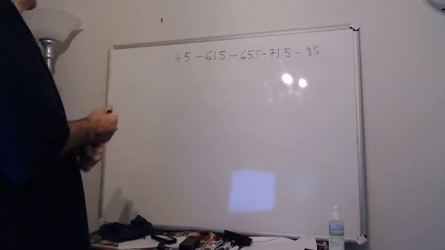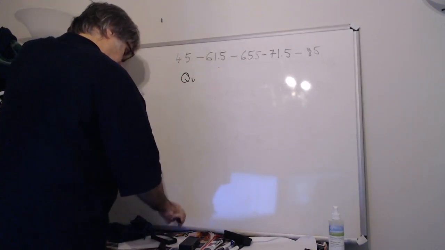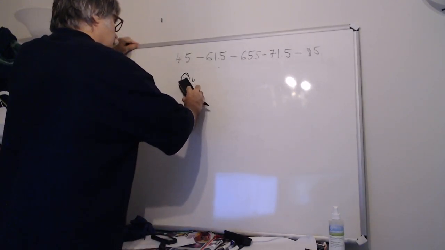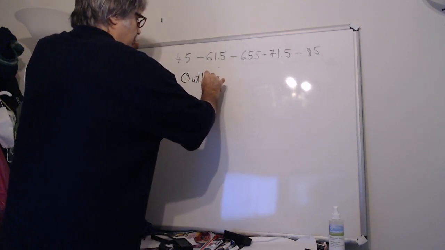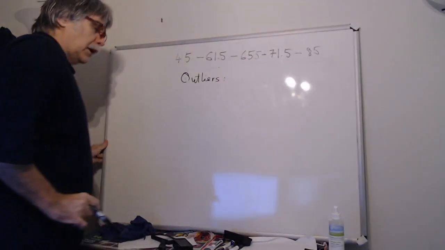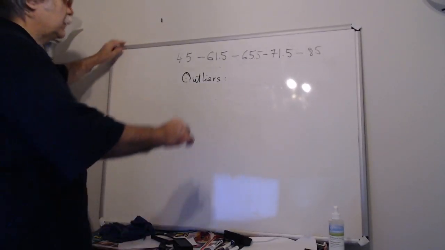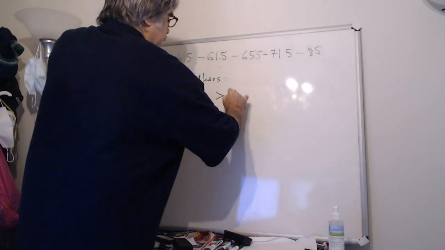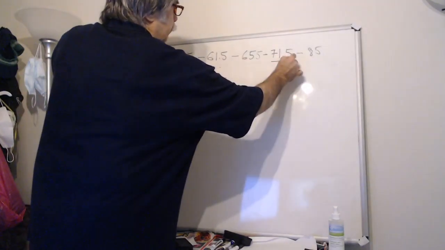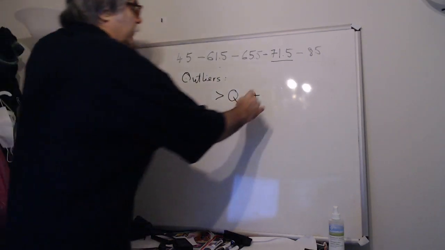So this is the rule. Okay, the outlier above would be anything that passes quartile 3 plus 1.5 of the interquartile range.